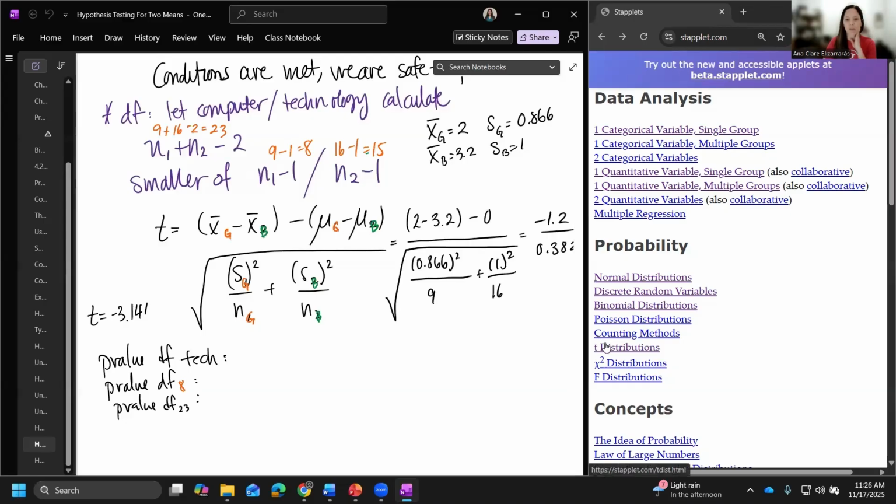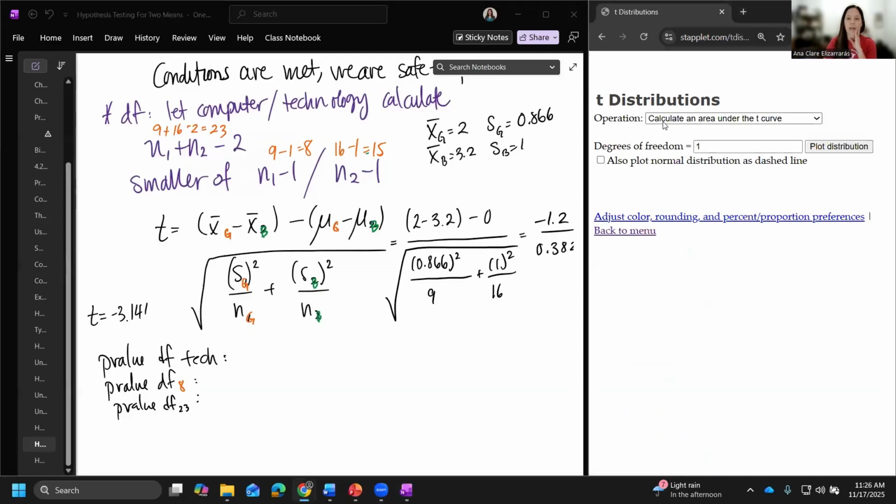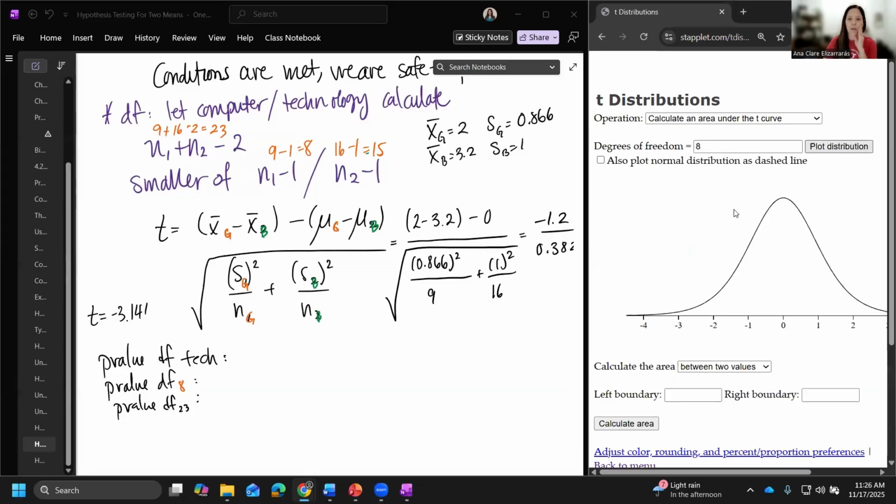So let's go into the t-distribution, and we're going to calculate the area. Our degrees of freedom, let's start with 8. And we're going to say outside a region where we have negative 3.141 and 3.141.